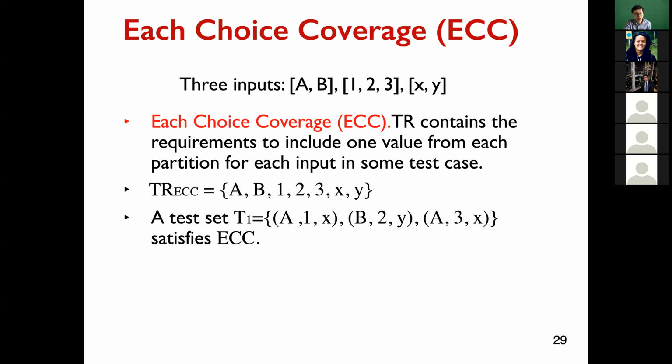For example, here, we can have only 3 test cases to cover the combination of 3 inputs using the each choice coverage approach. Actually, the minimum length of this test set is the size of the input with the most representative values or most partitions. Okay. So here the second input has 3 partitions or 3 representative values. So the length of the test set is 3.